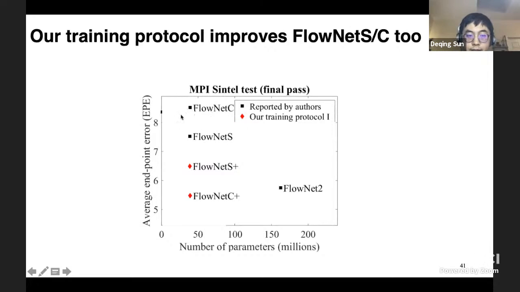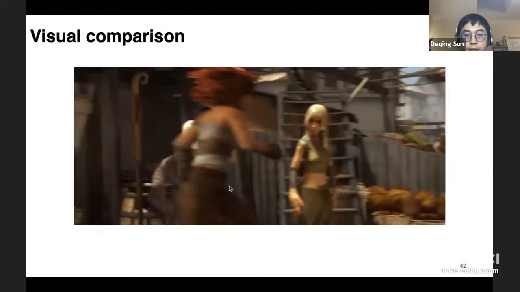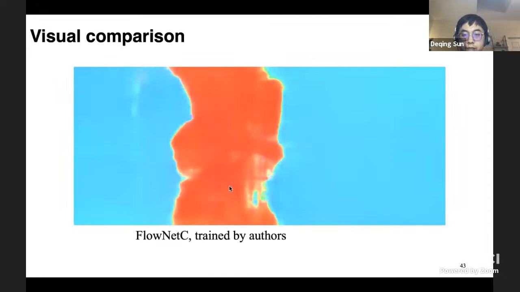This is in terms of the error, from about 7 to below 6 for FlowNetC. And if we look at the visual results for this input image pair, this is the original network trained by the authors.